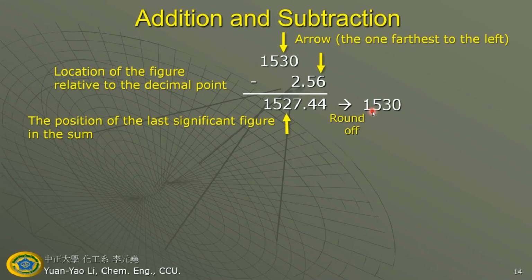So you might say, wow, Professor, something strange. If I have 1,530 subtract 2.56, we got the same number, right? And is this the answer? Yes, this is the answer. You know why? 2.56 is too small compared to this one. It's less than 1%.